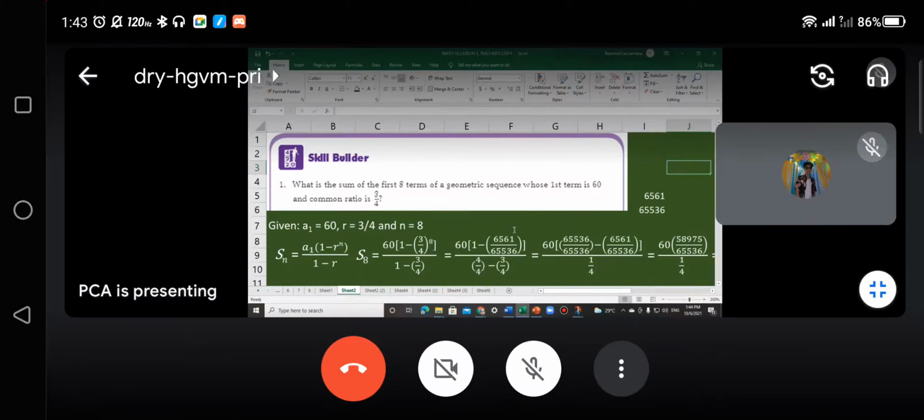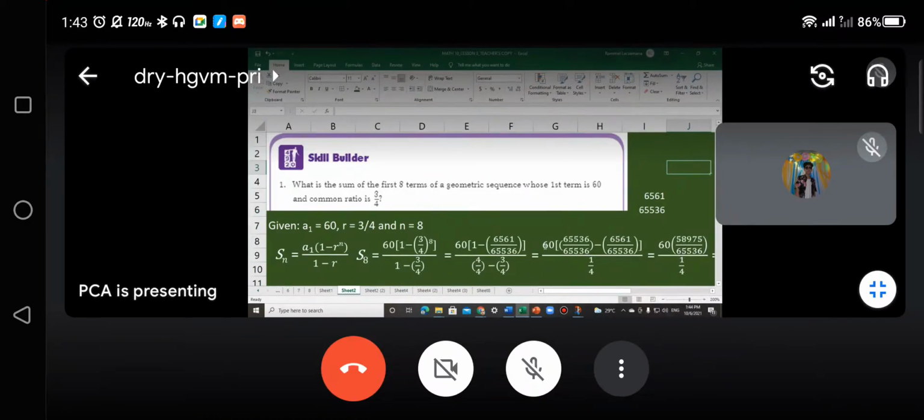Now it's 4. And this one, 65536, is the same, pertaining to 1. So it's easy math. 65536 minus 6561, it's 58975.